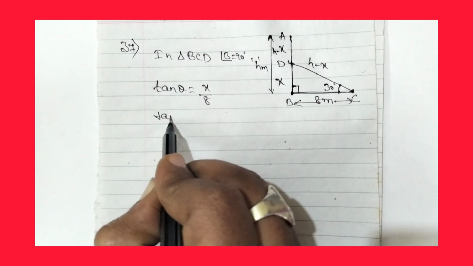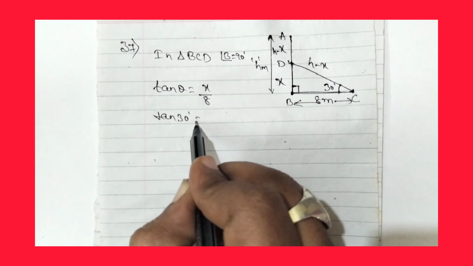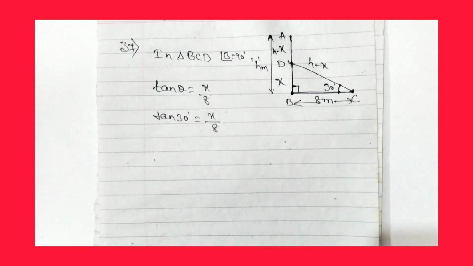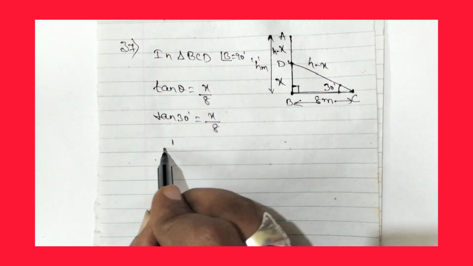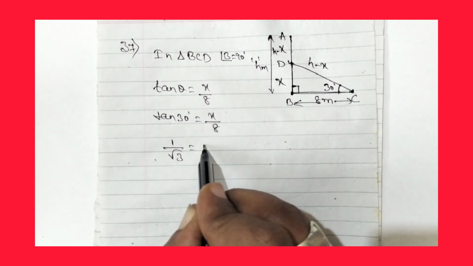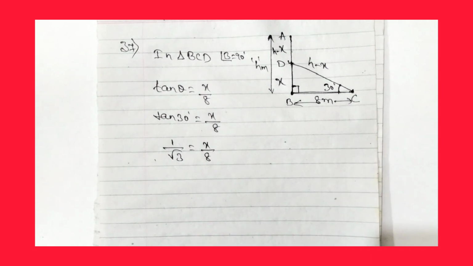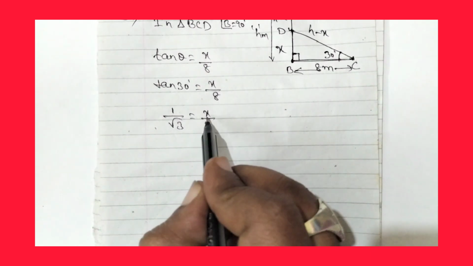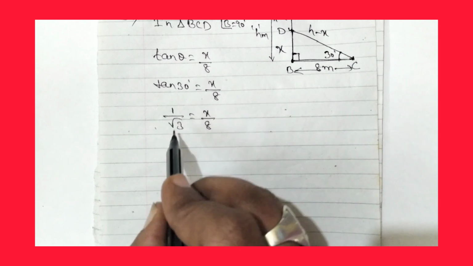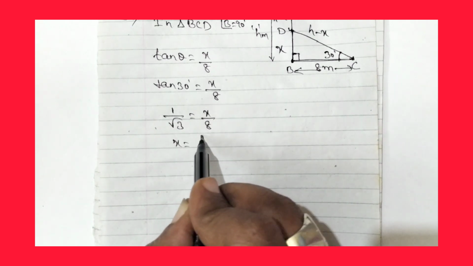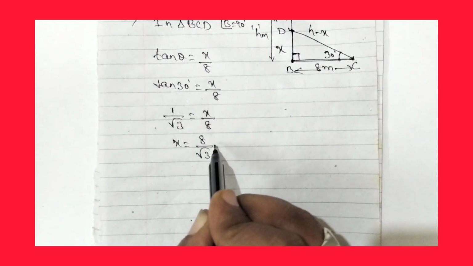So tan 30 degree is equal to x by 8. So now tan 30 degree is 1 by root 3 is equal to x by 8. So now cross multiply it, x is equal to 8 by root 3 meter.